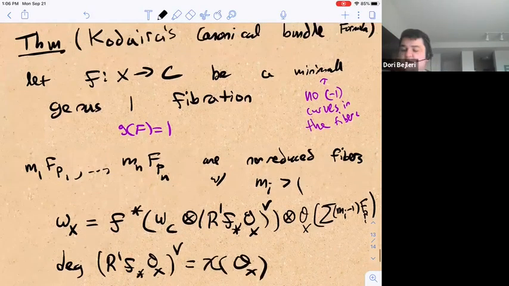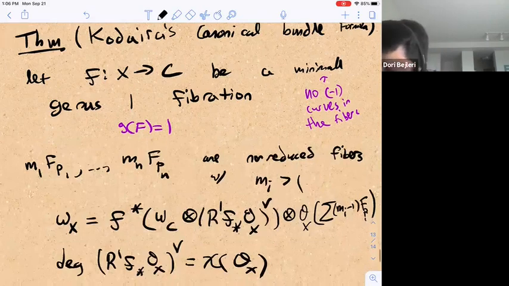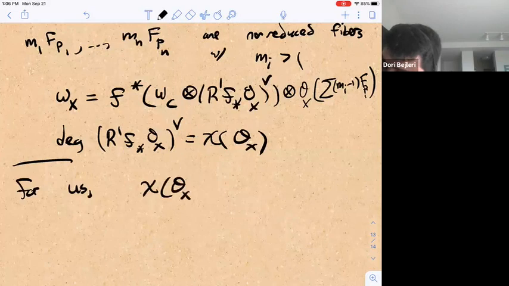Okay, so we'll talk more about this on Wednesday. This is a key input both in this proof, but also in classifying Kodaira dimension 1 surfaces. After we know abundance, we'll know that they're all elliptic fibrations, and you can use this to try to classify elliptic fibrations. But here the important point is that we know that chi OX is 0.